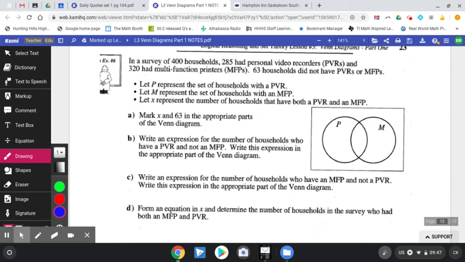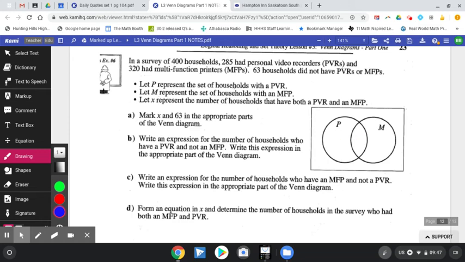It says, let P represent the set of households with a PVR. So this circle right here is for the PVR. Now remember, the circle is supposed to have a total of 285. But right now we don't know how to break the 285 up because this section plus this section will be a total of 285.